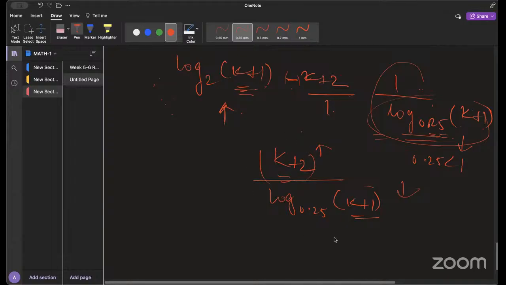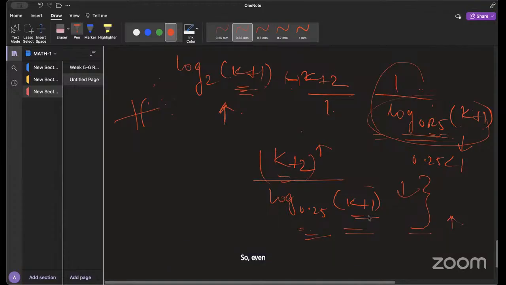You can just take the derivative of this thing. That's why the derivative is important here. Otherwise, you'll have to use the graph knowledge. So the derivative of this, and then you will see that it's an increasing function.